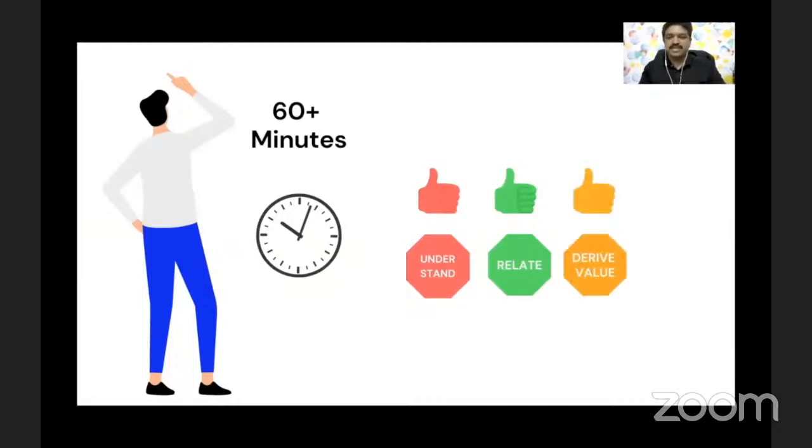If yes, did you derive value in the 60 plus minutes? And if you had that aha moment, or light-bulb moment, that you have learned something really meaningful and useful, then I would suggest go and enroll confidently, because you will get that throughout this package, throughout the courses. That's the assurance from my side.